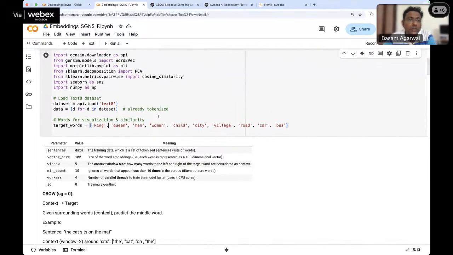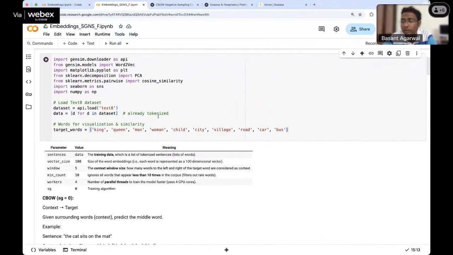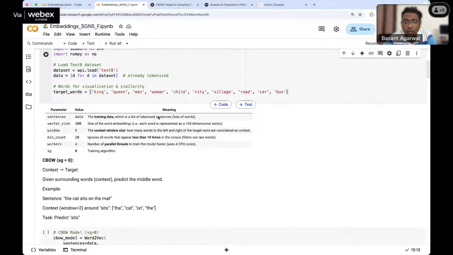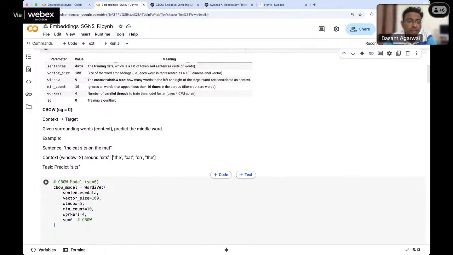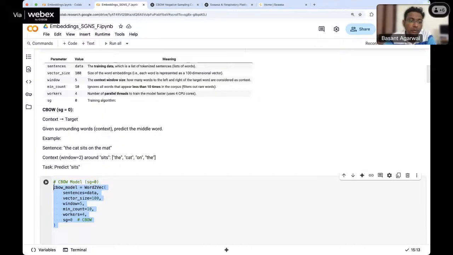In the Gensim implementation of word2vec, there are mostly five to six parameters, and the function is here. You can see CBOW, and it is word2vec. The first parameter is the sentences, which means you just give the data to this word2vec function.